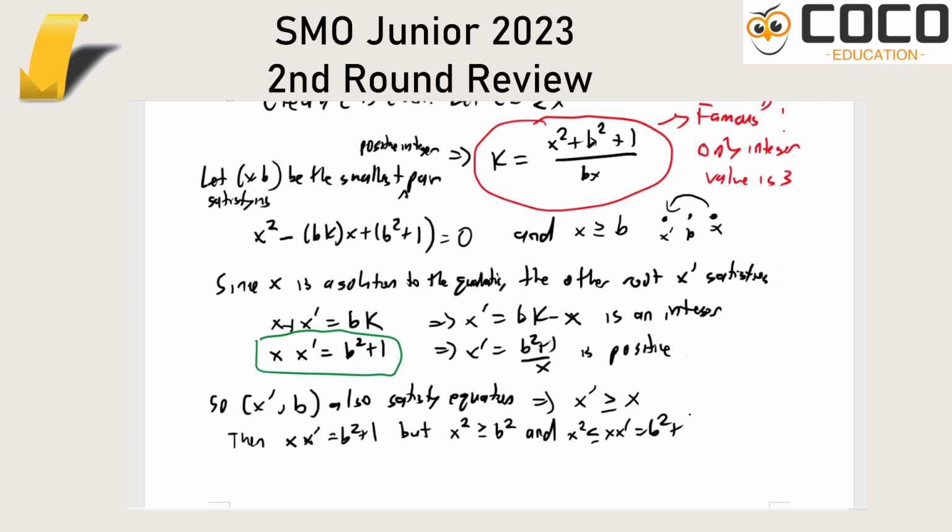So maybe I should just combine this like that. So you have a square that is at least b squared but less than b squared plus 1. The only way that this can happen is that x squared is b squared. It can't be b squared plus 1. And so x is b.